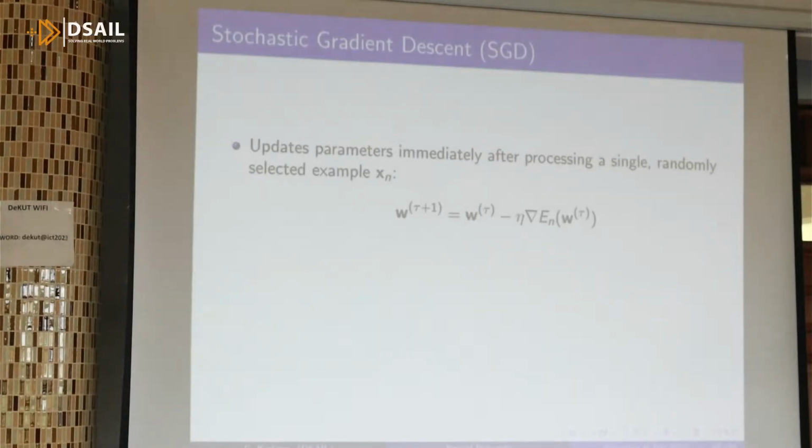Stochastic gradient descent is different, even though this looks the same because you're updating the weights. Rather than doing this for all individual values, we are going to update our weights every time we see an input. That's what it's saying here. Every time we see just one input, we compute and update our weights.